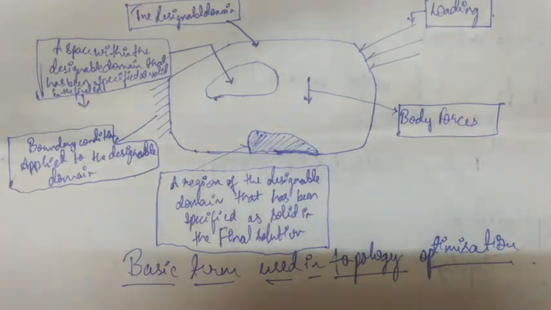You are seeing a diagram of the basic terms used in topological optimization. These are some of the basic terms which are used in topological optimization. There are currently two popular techniques: solid isotropic material with penalization, that is the SIMP technique, and evolutionary structural optimization, that is the ESO technique.